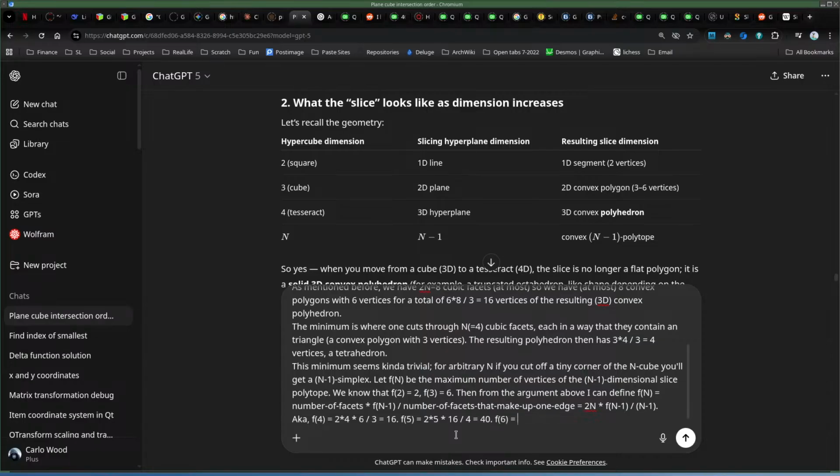F6 is 2 times 6 times 40 divided by 6 minus 1 is 5, on which I get 16 times 6. I can't calculate that. Where's my calculator? 2 times 6 times 40 divided by 5, 96.